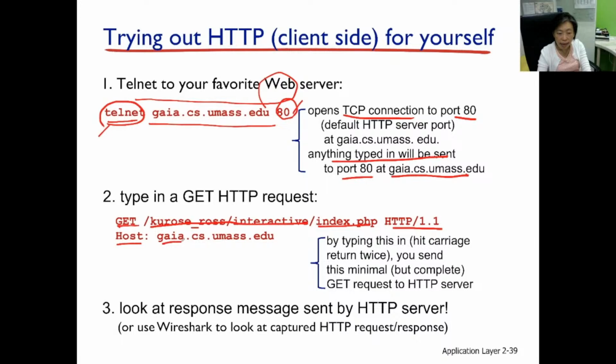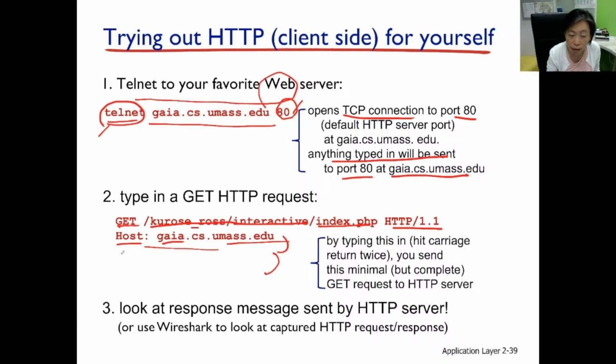And Host: gaia.cs.umass.edu. All right, so that's a header line. Essentially, we are trying to be a human web browser by typing an HTTP request message right here. Once we are done with this, we hit return, and then we hit return again.